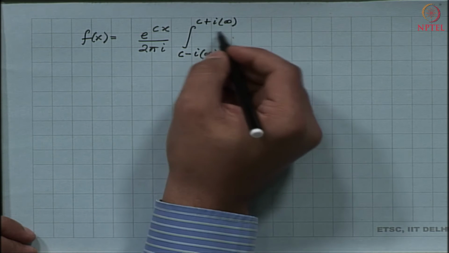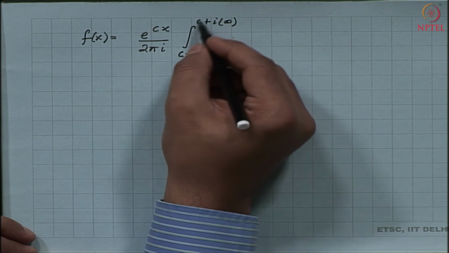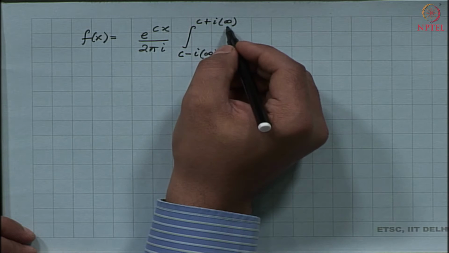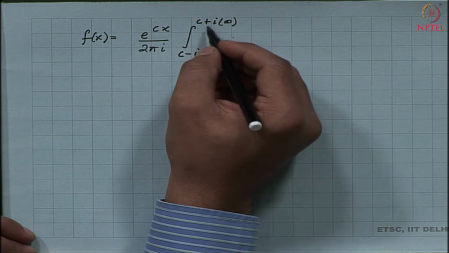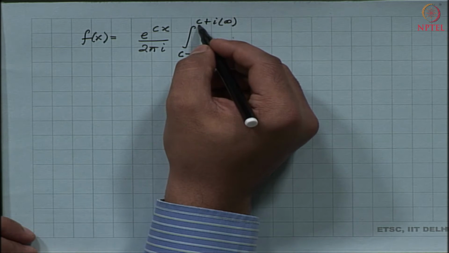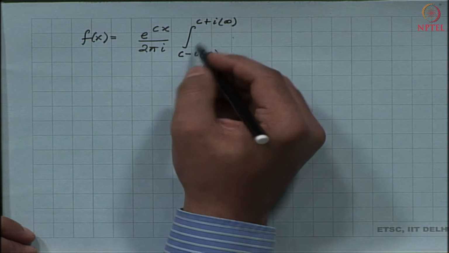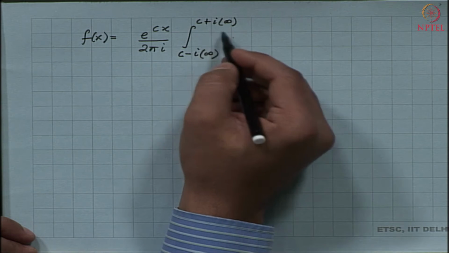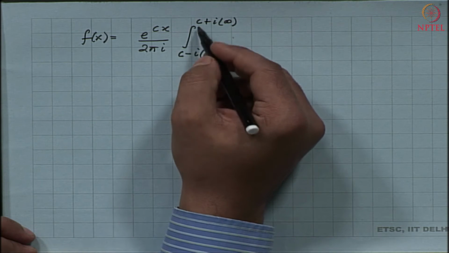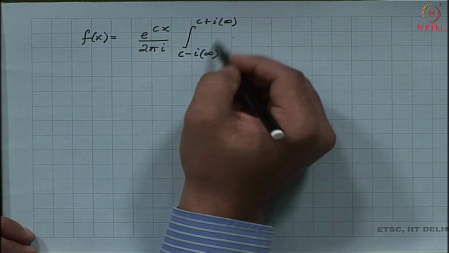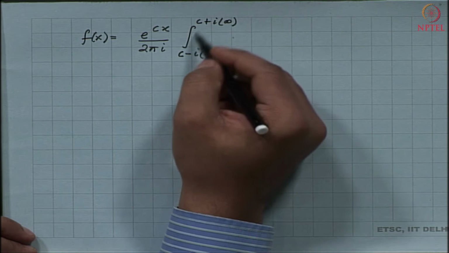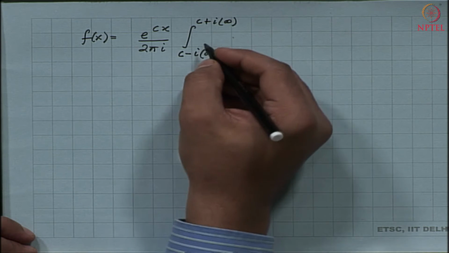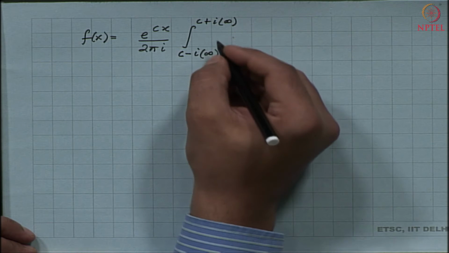Students should not be confused about how we can add a finite number to an infinite number. Notice that c is a real constant, while the imaginary value goes to infinity. This sort of integral will be dealt with slightly later in another lecture.